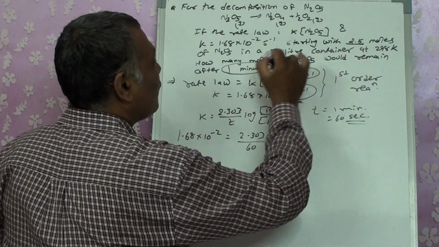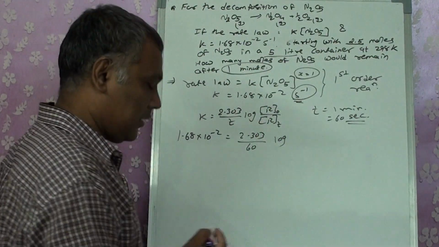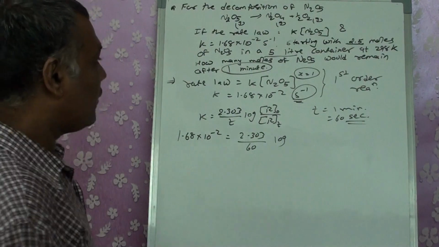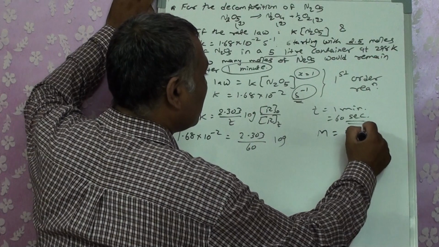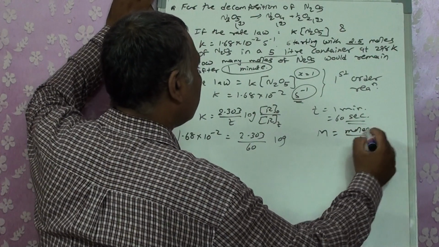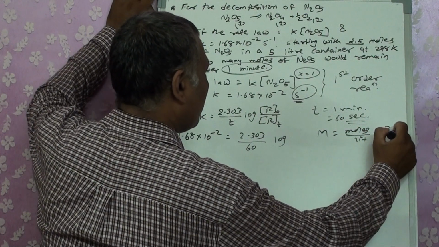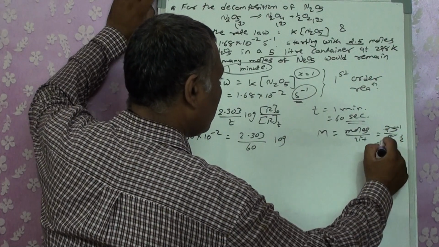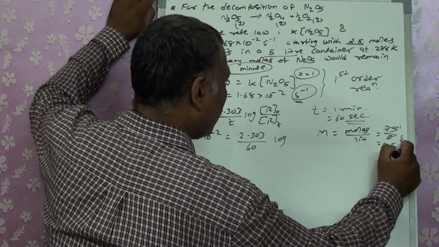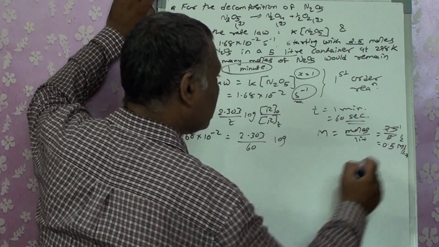It's 2.5 moles in a 5-liter container, so I can convert it as molarity is equal to moles per liter, that is 2.5 by 5, so 1 by 2, that is 0.5 mole per liter.